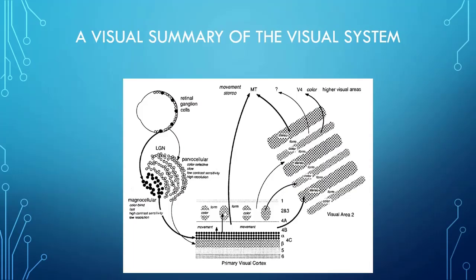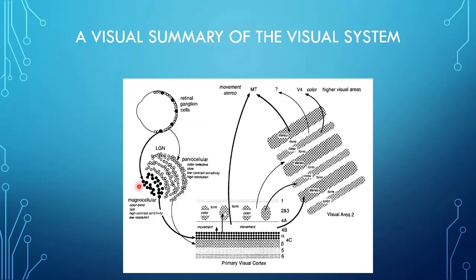The last thing that I want to leave you with is this visual summary that I pulled out of an old paper, and it does one of the very best jobs I've seen of giving you a comprehensive view of the visual system, where we have cells in the retina, specifically the final output being these retinal ganglion cells that respond to different kinds of information.